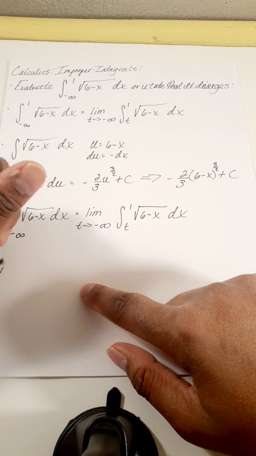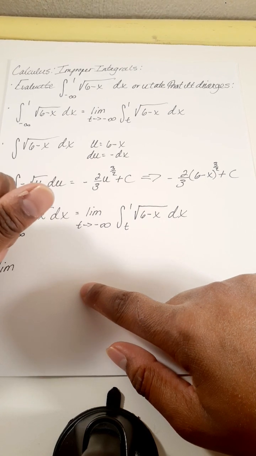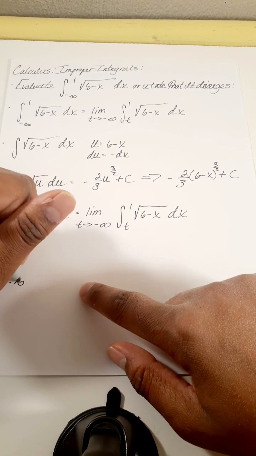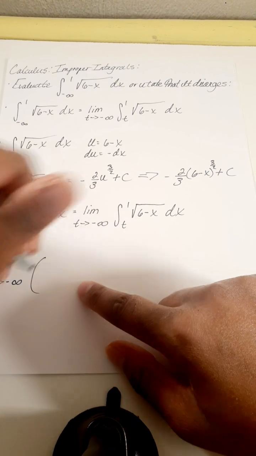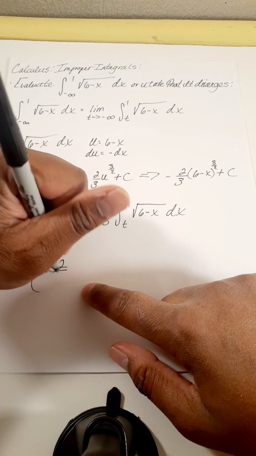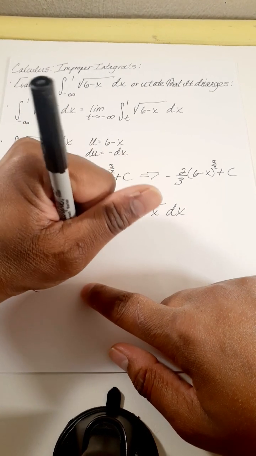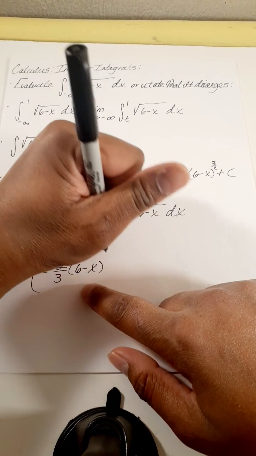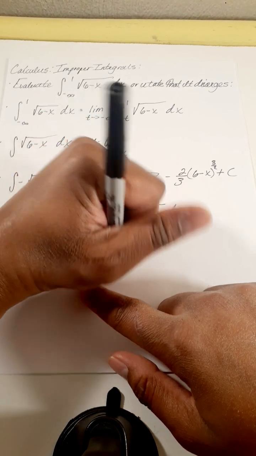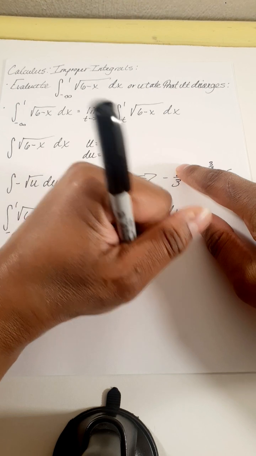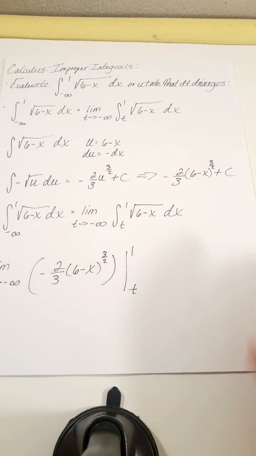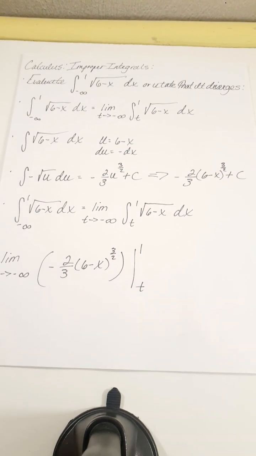Here's what you've got now: the limit as t goes to negative infinity. Remember, our antiderivative was negative 2 over 3 times 6 minus x raised to the 3 over 2, and now we need to evaluate this from t to 1.